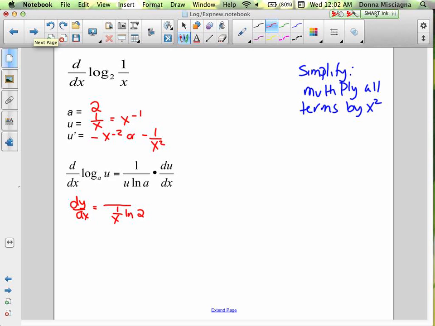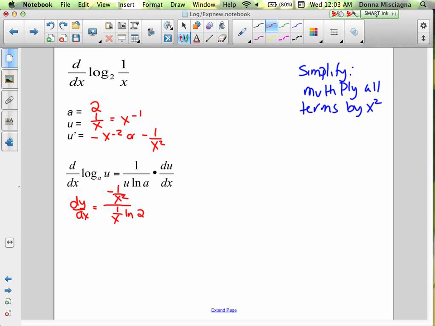But in the numerator, we're going to have the derivative of that, so that's going to be negative 1 over x squared. There we go. Now, that's a terrible looking complex fraction. We have the derivative in the numerator, and we have what we're taking the log of times natural log of the base in the denominator.